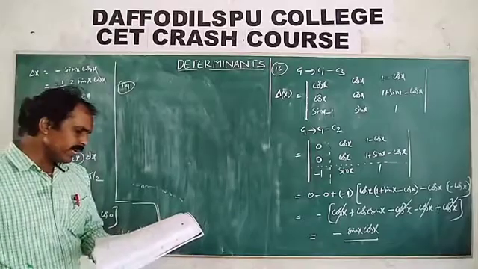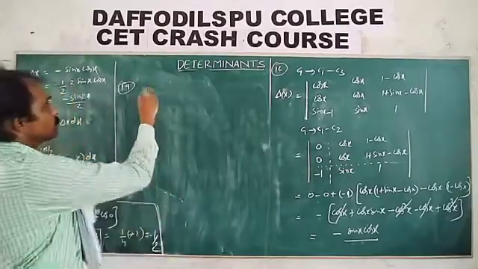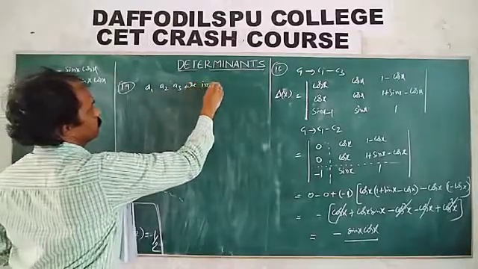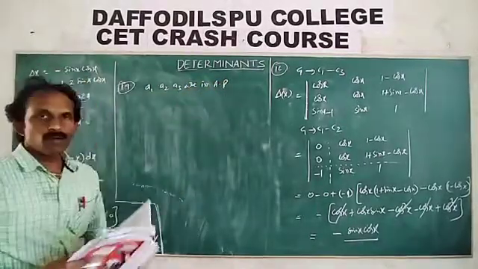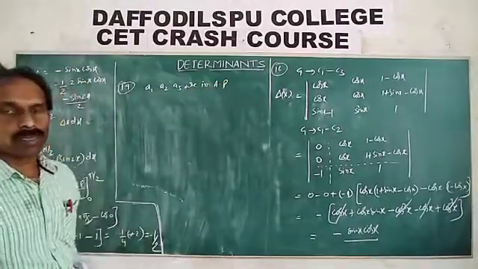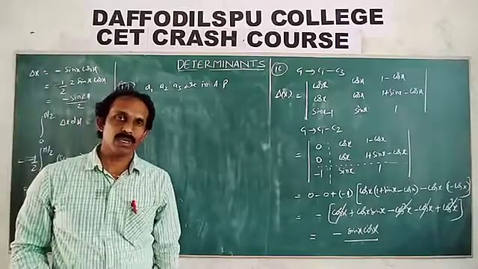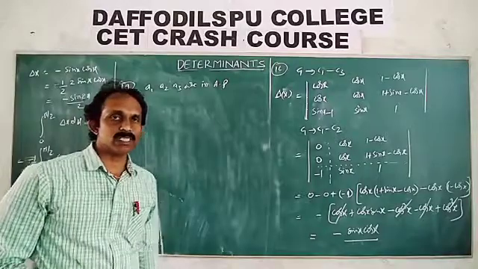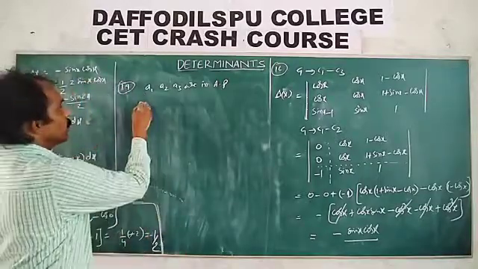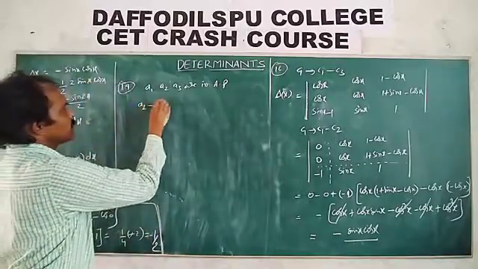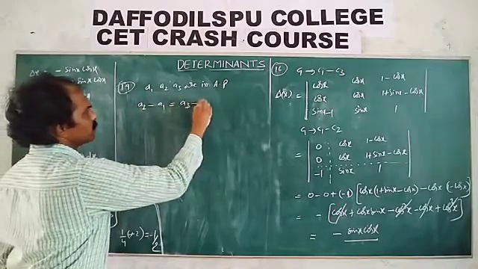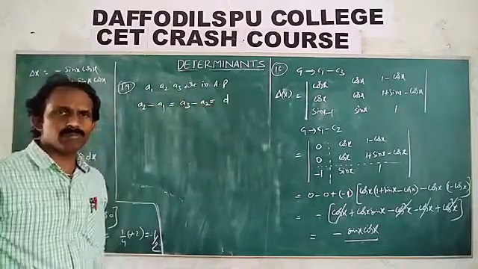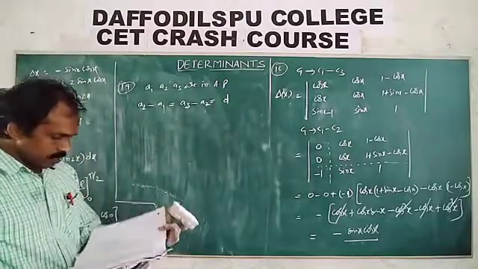A1, A2, A3 are in AP. What is the condition for the terms to be in AP? The common difference is the same. Common difference means second element minus first element, third element minus second element, and so on.